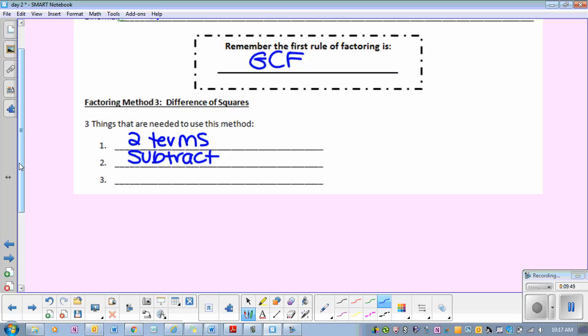Now, of squares, well, they have to be perfect squares. If you took that number and did the square root, it better be a nice, pretty whole number. So you can only use difference of squares when you have two terms, they're subtracting, and they're both perfect squares.